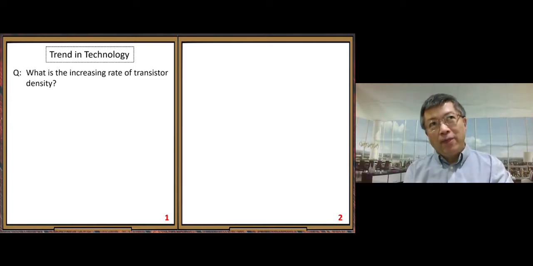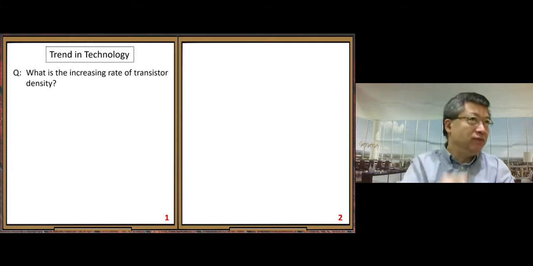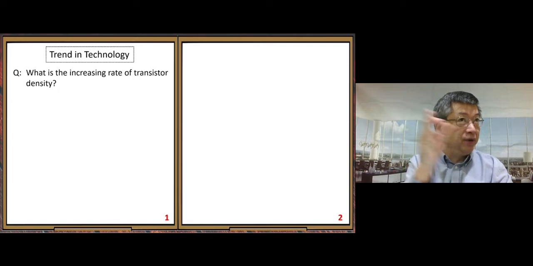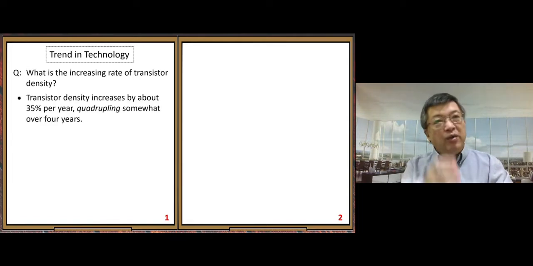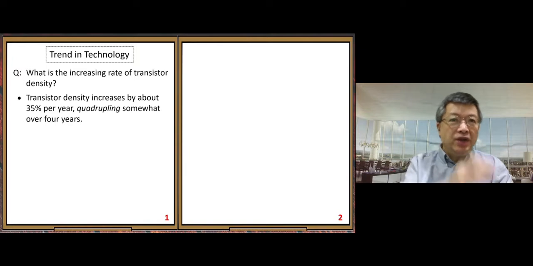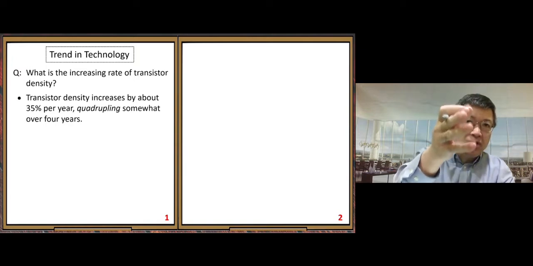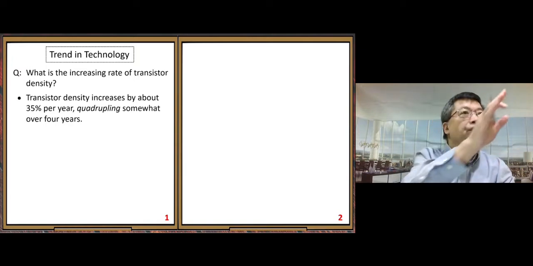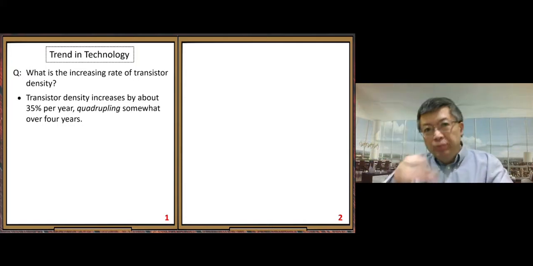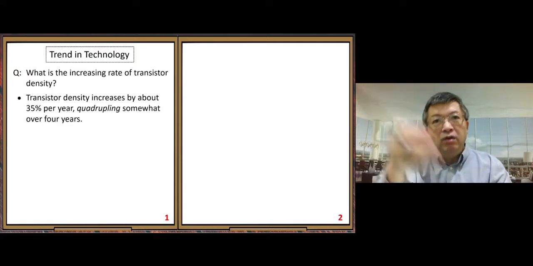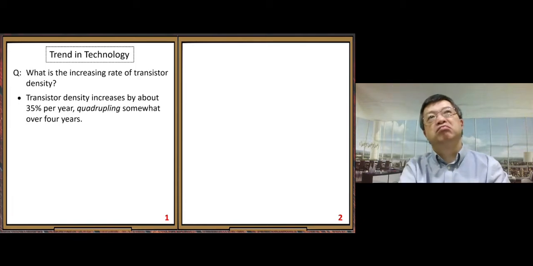Based on Moore's law, there should be some increasing rate, right? Based on Moore's law, double every 2 years. So here we have this: the transistor density increases by about 35% per year, quadrupling somewhat over 4 years.